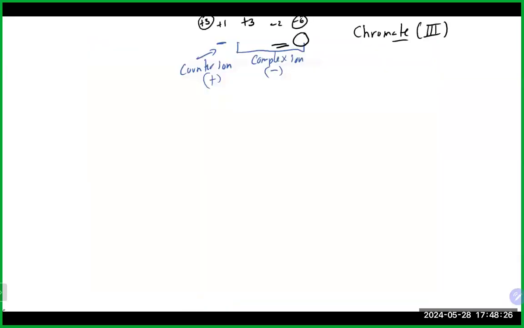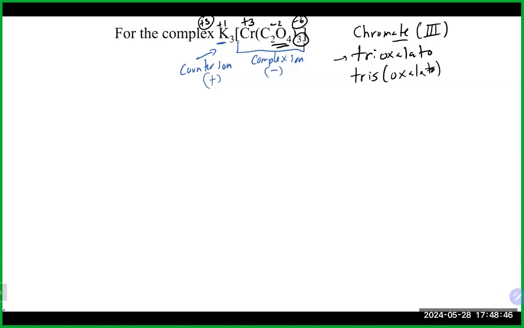Because there are 3, we can go with trioxalato. This is also one, like I said before, where sometimes people will use tris(oxalato). For us here, you could go either way. Now we pretty much have all the components that we need.